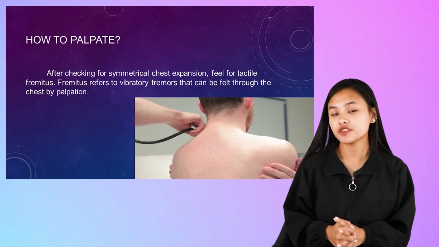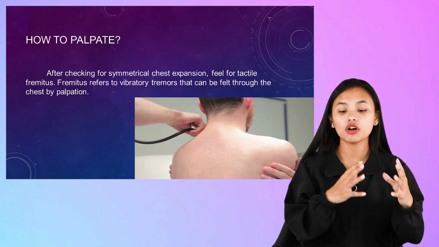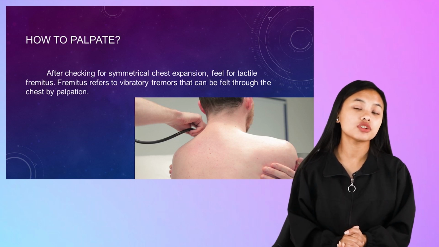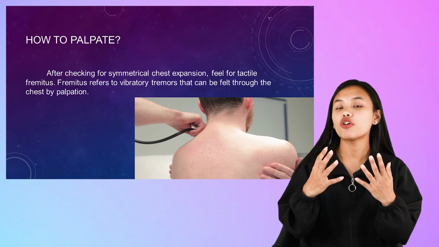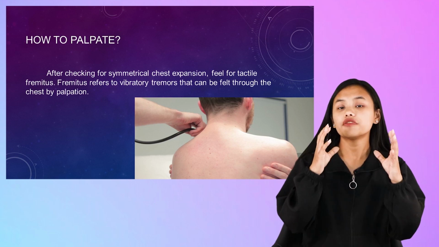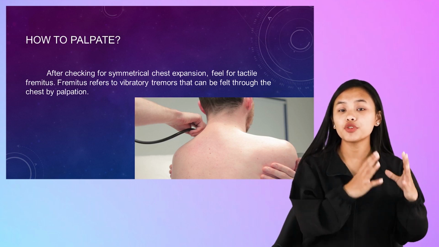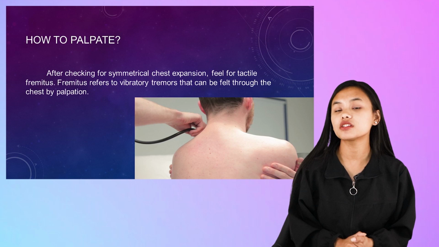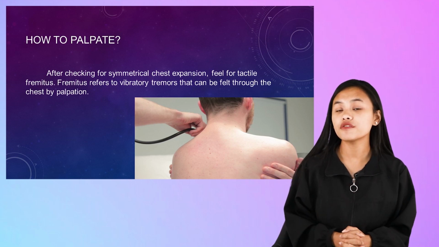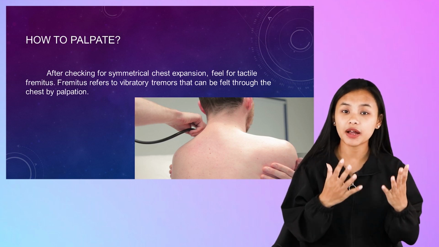After you have finished assessing the symmetry of the chest expansion, next you need to feel for the tactile fremitus. Fremitus refers to the vibratory tremors that can be felt through the chest when you are performing palpation.